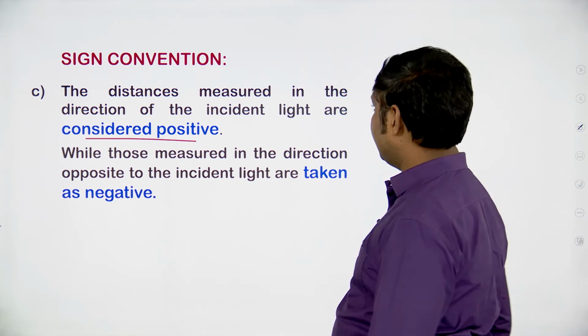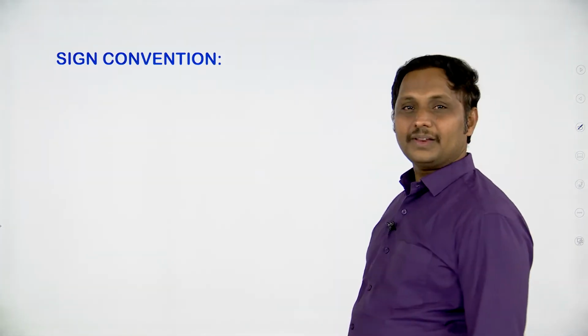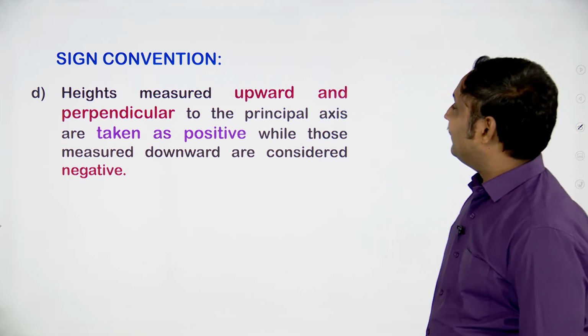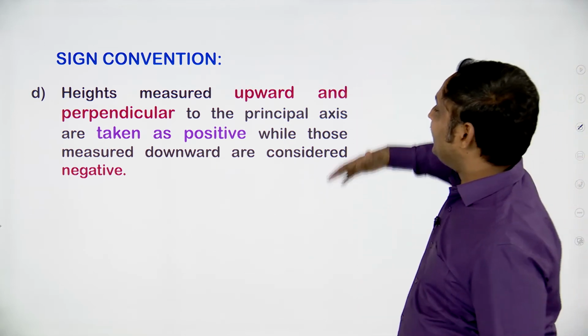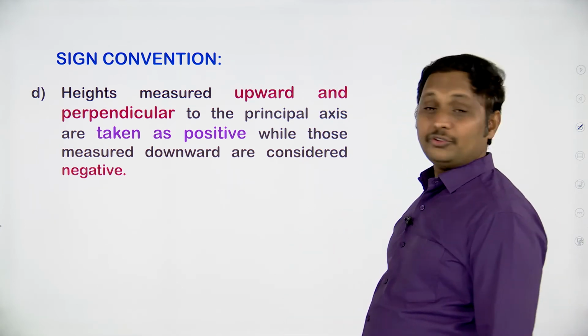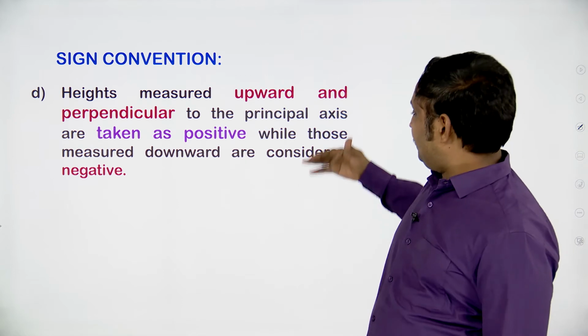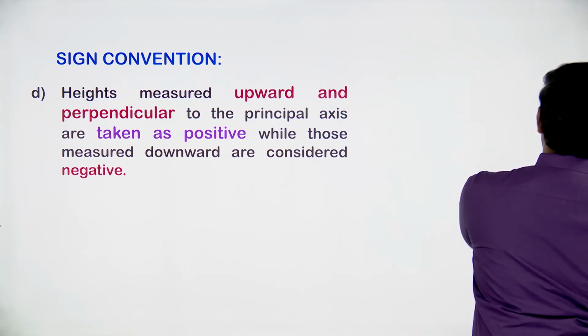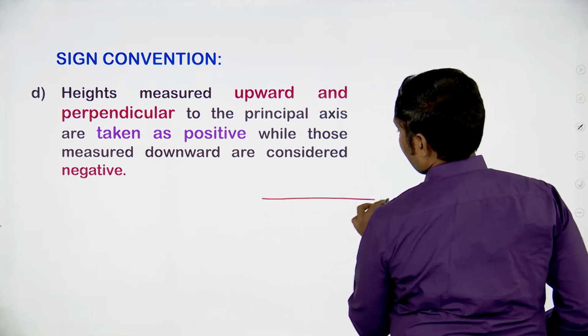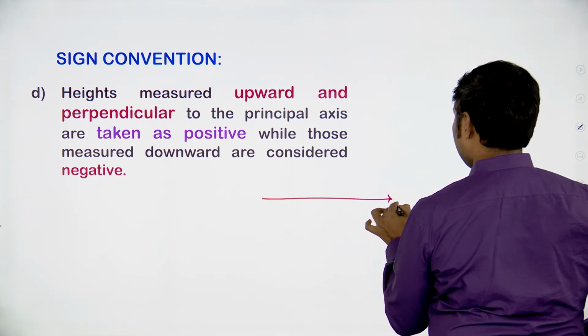Okay, let's go for another one. Let's have a look into that matter. The heights measured upward and perpendicular to the principal axis are taken as positive. It's very clear. Downward from the principal axis, they are negative. This is the principal axis.